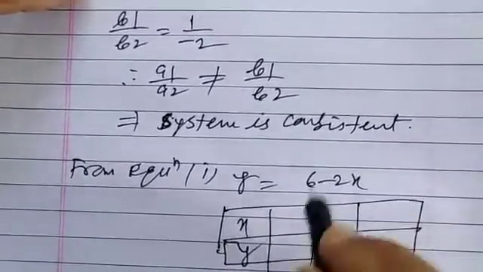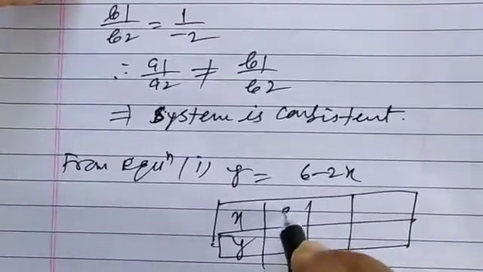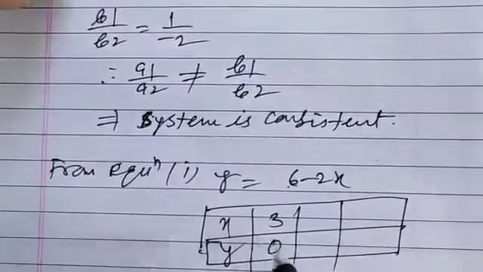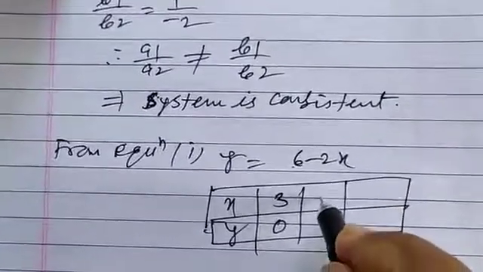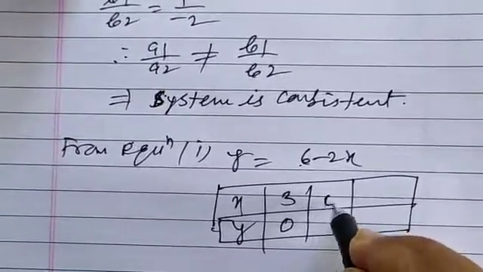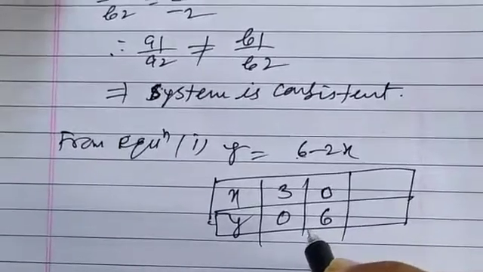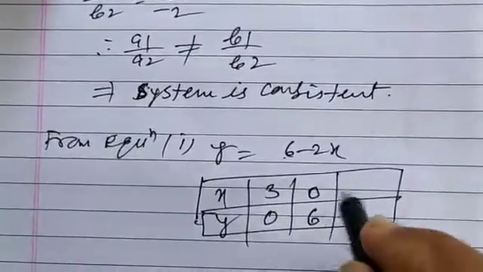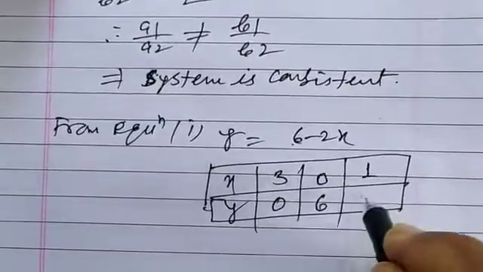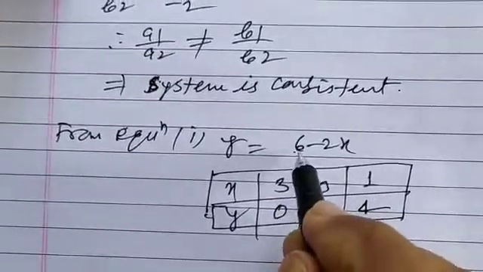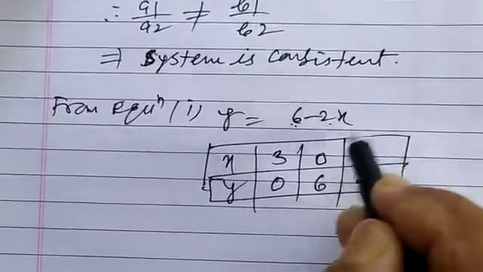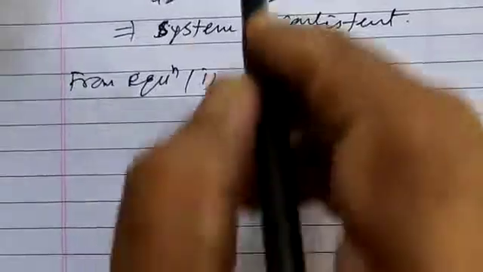We substitute x equals 3, then 6 minus 6, it will be 0. When we put x equals 0, then it is coming 6. But when we put x equals 1, then it is coming 6 minus 2, that will be 4.